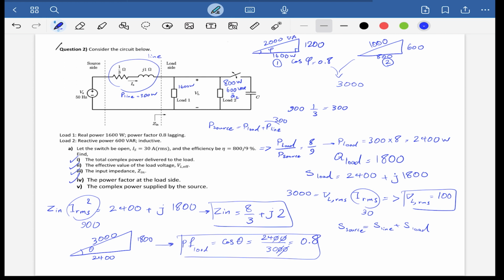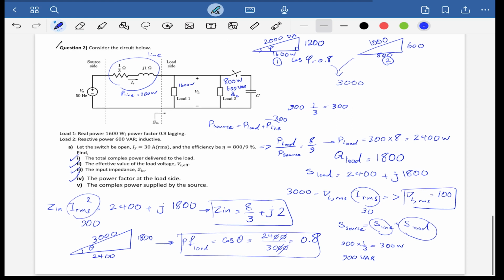Well, the S of line can be computed as, for the real power, 30 squared, which will be 900, times 1 over 3, which will be 300, right? We found it previously. And the reactance of the line will be simply 900 times 1, which is 900 VAR. So this is for S line and this is for S load.